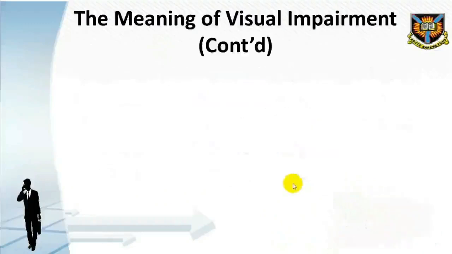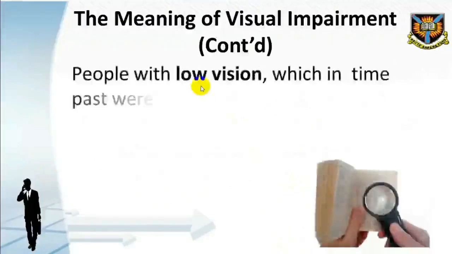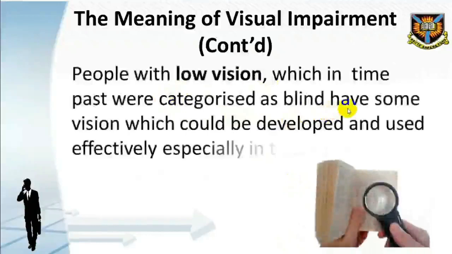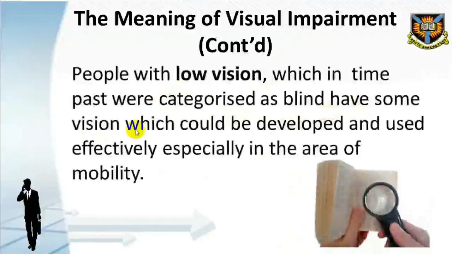People with low vision, which in time past were categorized as blind, have some vision which could be developed and used effectively, especially in the area of mobility. Some of these people are neither totally blind nor partially sighted, but they have limitations in distance vision.